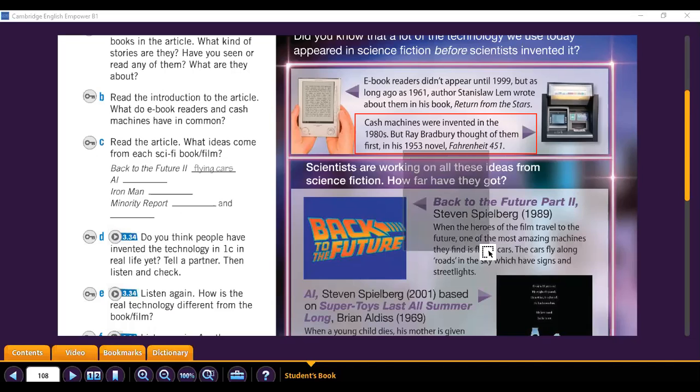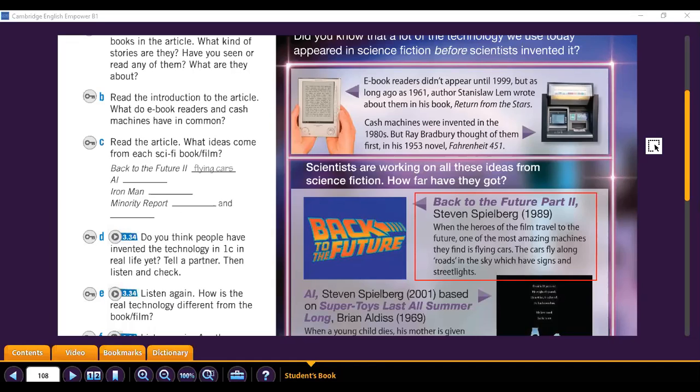Maria, can you help me with this one, please? Reading this one, Back to the Future. Back to the Future, Part 2, Steven Spielberg, 1989.